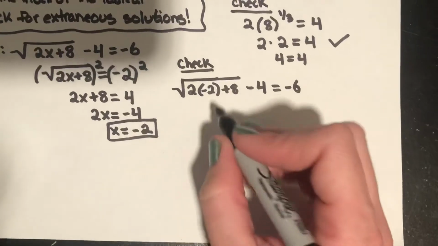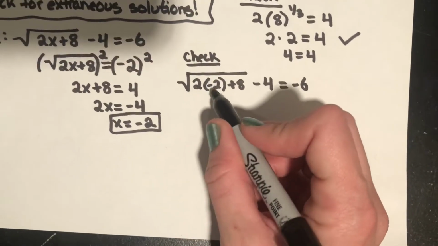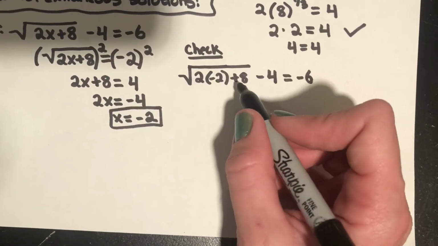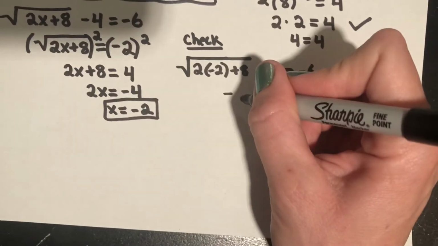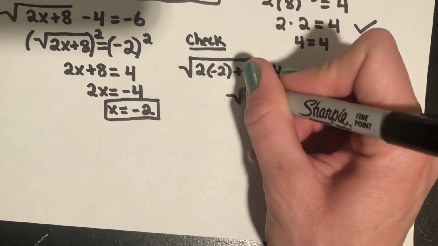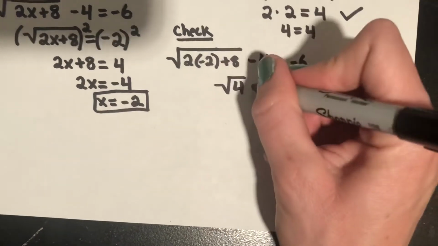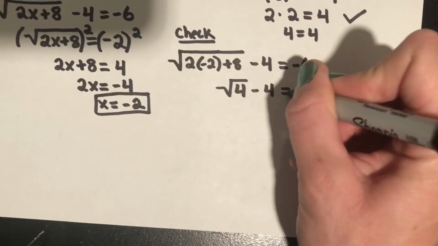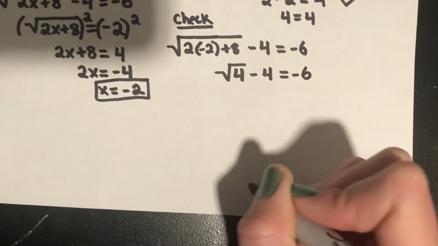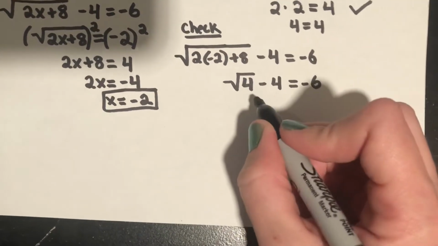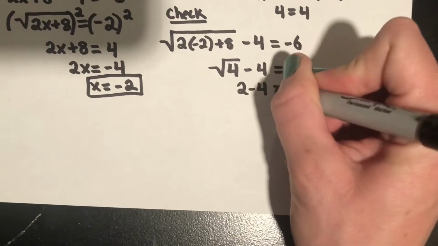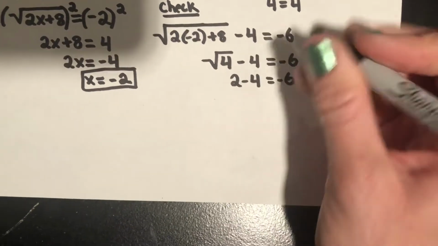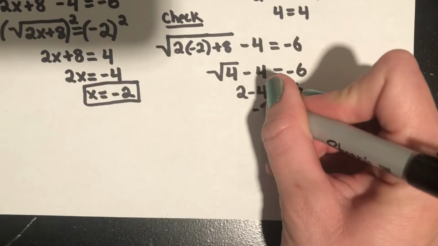Well, 2 times -2 is -4. -4 plus 8 is 4. We have then root 4 minus 4 should equal -6. And root 4 is 2. So 2 minus 4 equals -6. But 2 minus 4 is -2.